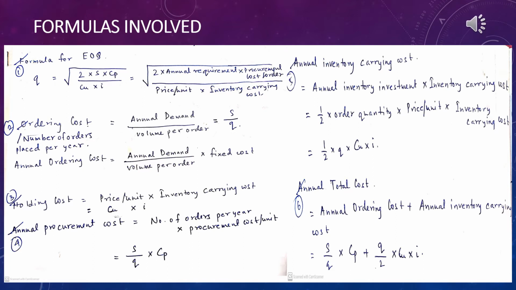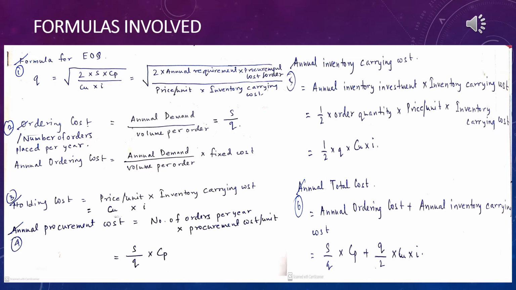Now let us consider a few examples of EOQ. We will be talking about different kinds of examples. Let's start off with the first one. Here, as you can see, it has been given that the organization uses 75 units of an item per month. Each unit of that item costs the organization rupees 25.